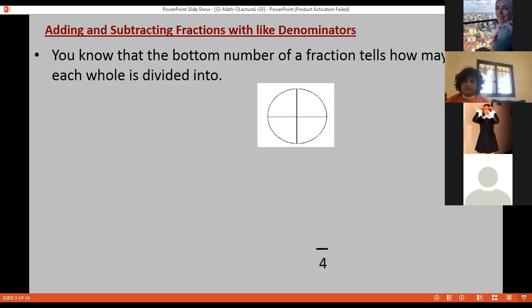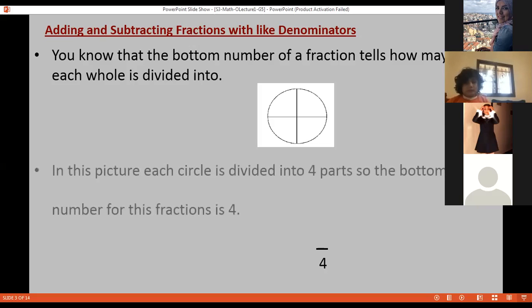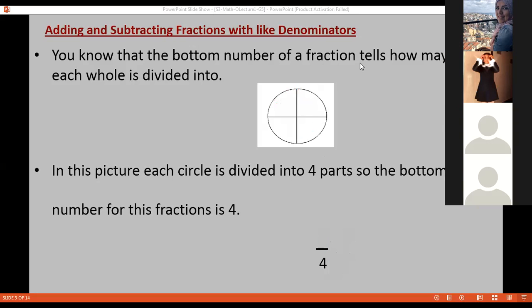So the denominator should be four. So this picture represents 4 parts. So the bottom number for the fraction, the denominator, is 4. For example, if you colored this part, then we say one colored part out of 4. So 4 represents the whole number of parts, right?